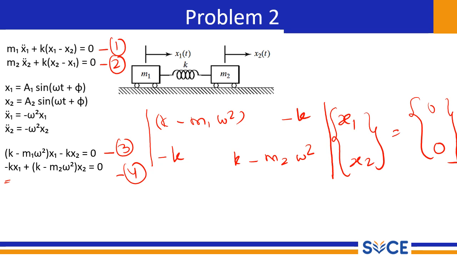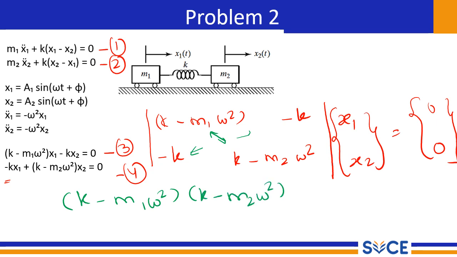Now we have to do the determinant. So what I have to do is multiply this and this one. So it is k minus m1 omega square, k minus m2 omega square, minus of minus k will become plus k square, which is then equal to 0.